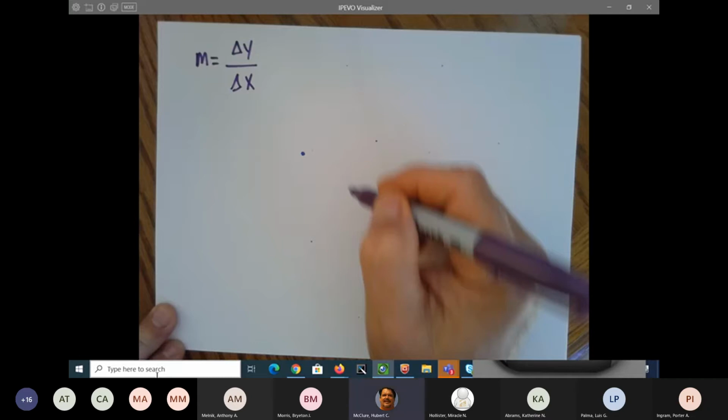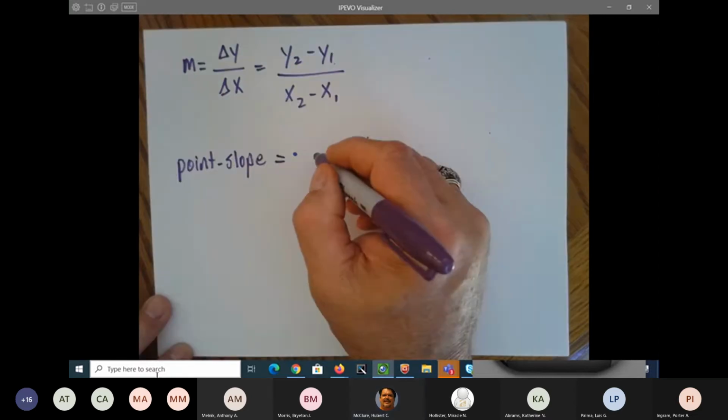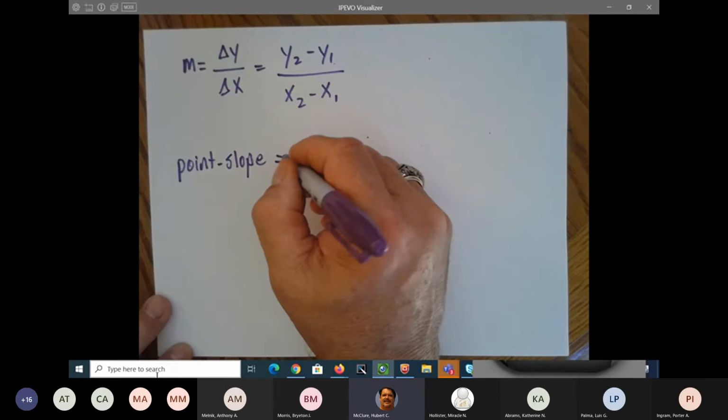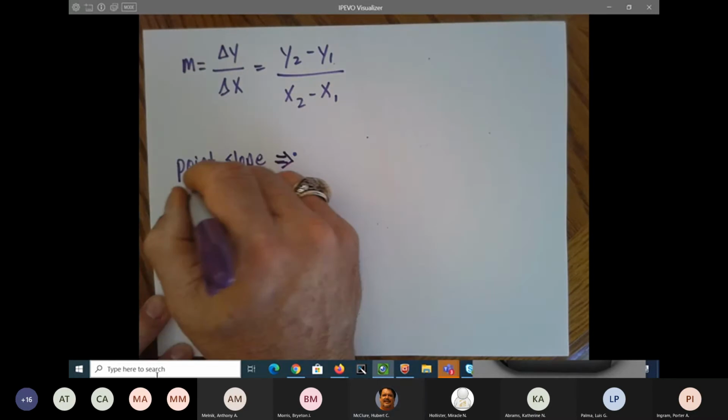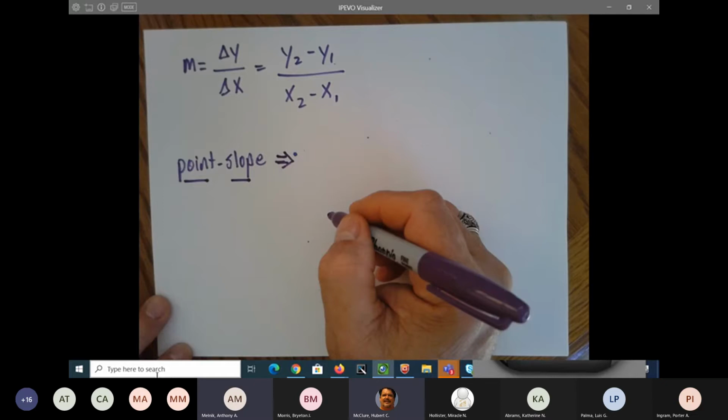Somebody tell me when you know to use the point slope equation. Anybody know? Whenever you have a what? A point and a what? Slope. Thank you, Mr. Melnick.